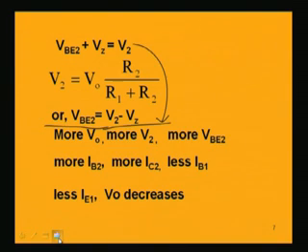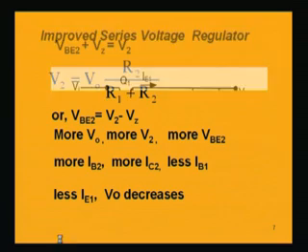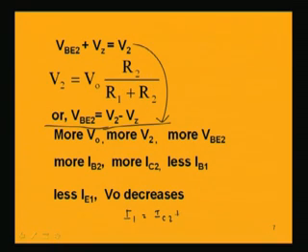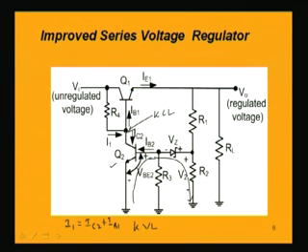So now as I1 equals IC2 plus IB1, and we have just seen that increased V0 means more IC2, more collector current in the second transistor. If this collector current increases, then what will happen to the base current? Because IB1 equals I1 minus IC2. So as IC2 increases, base current will be reducing, because I1 is not changing.